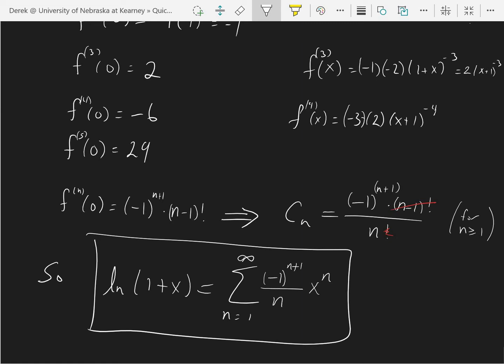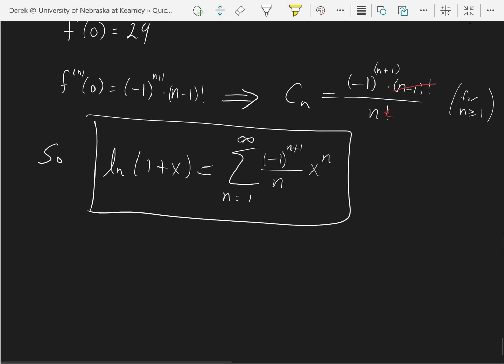Why did I do the natural log of 1 plus x and not the natural log of x and try to center it at 0? Well, if I try to center the natural log of x at 0, what is the natural log of 0? It's undefined, right? So I have to pick some other point to center this natural log function at, or I have to shift it to some other value.